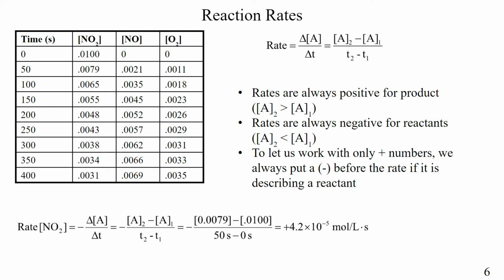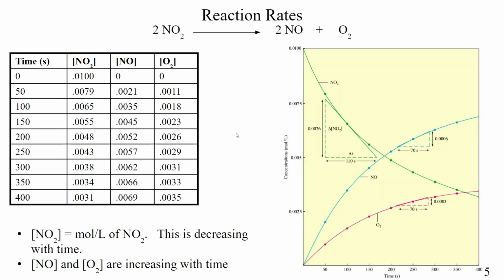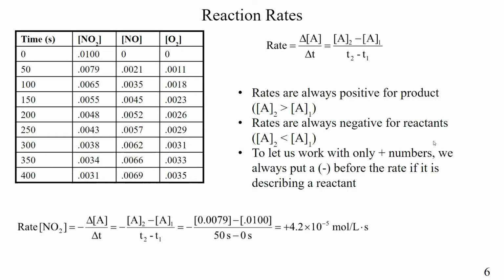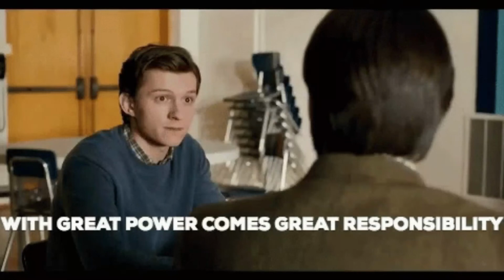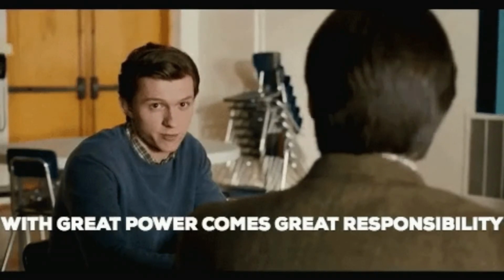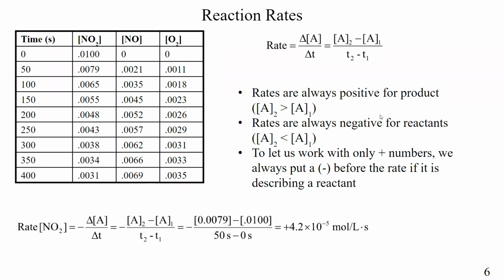So we have to consume the reactant in order to make the product, which we see in this example here. We had to consume NO2 in order to make NO and O2. This isn't just going to appear out of nowhere. Something had to be lost in order for something to be gained. That sounds like a Marvel quote or something like that. I don't know, but no, that's real life, y'all. You had to lose something in order to gain.